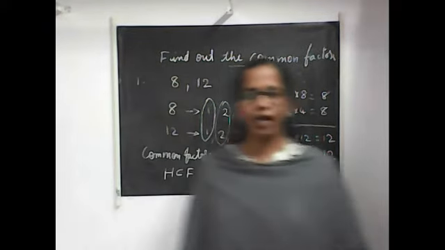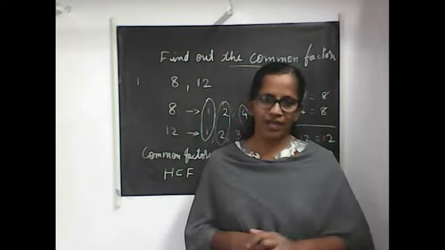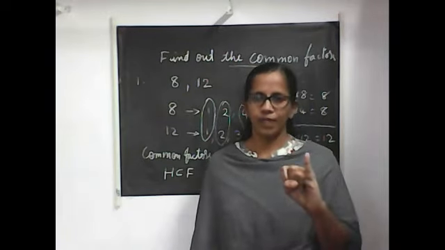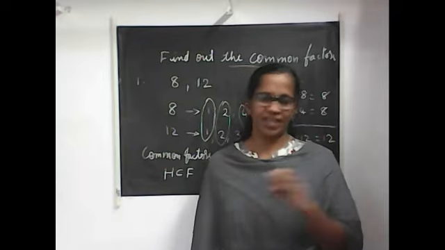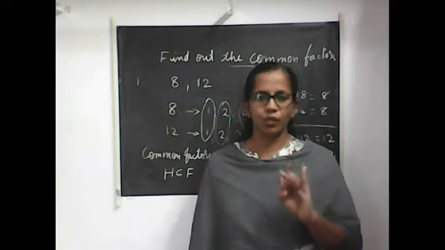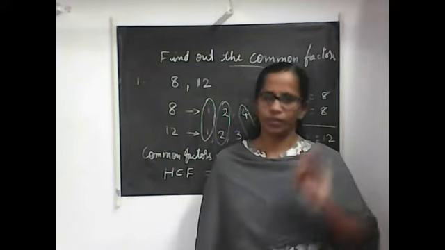So now we are ready to answer 3 questions. First one is write the factors of the given number. Are you ready? Yes. Second one, find the common factors of given two numbers. I hope that is also clear for you.